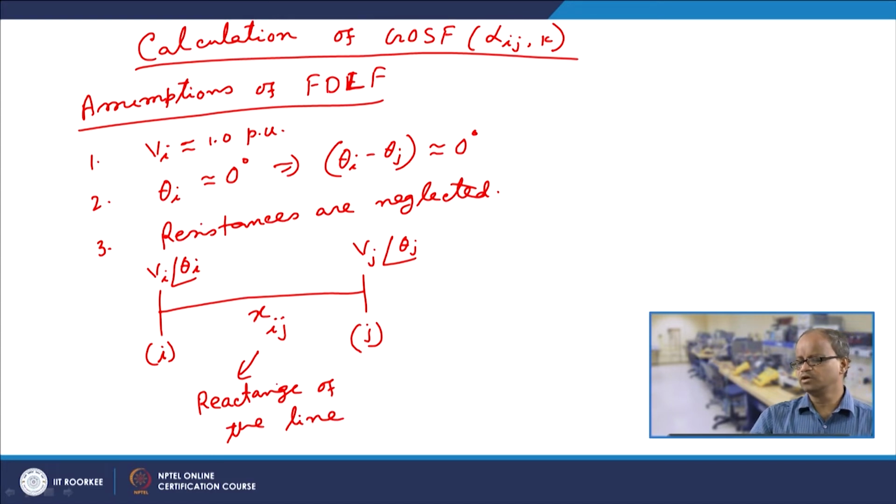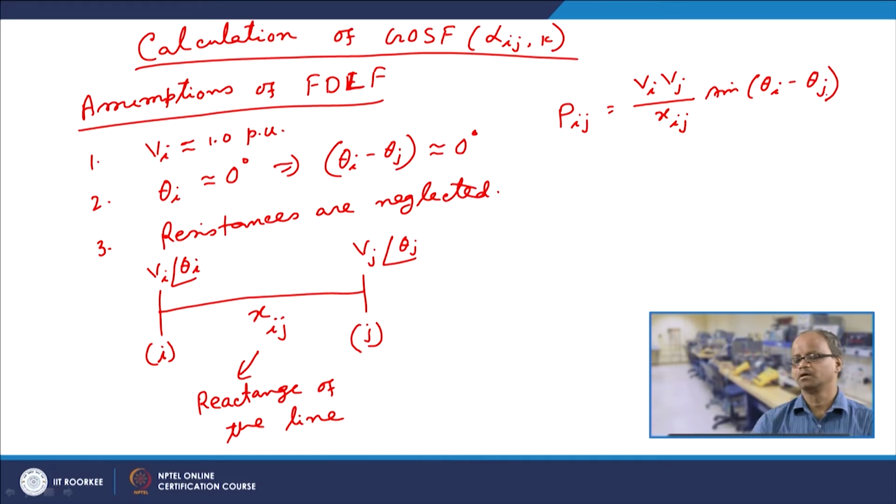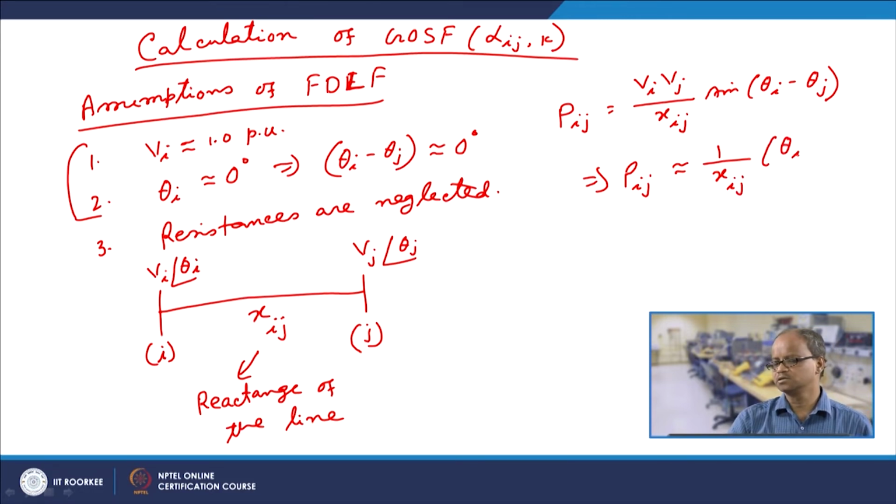With this we know that Pij is a very well known expression, Vi Vj by Xij sin theta I minus theta j. So, if I apply these two assumptions, I can write down Pij is equal to 1 by Xij, because Vi and Vj both are 1, times sin of theta I minus theta j.